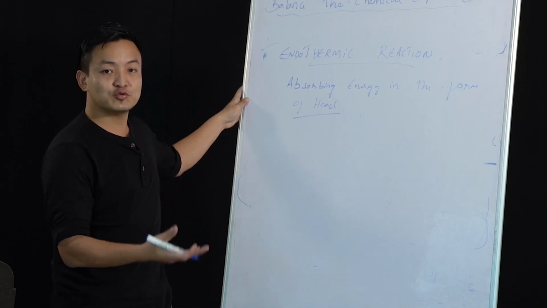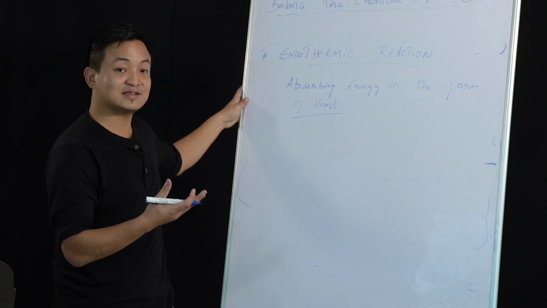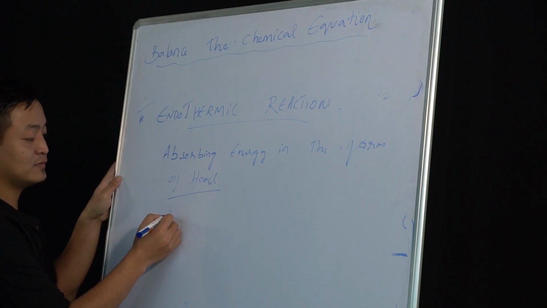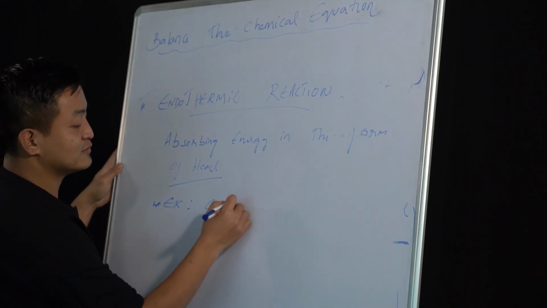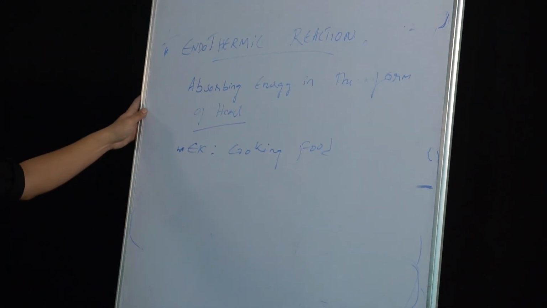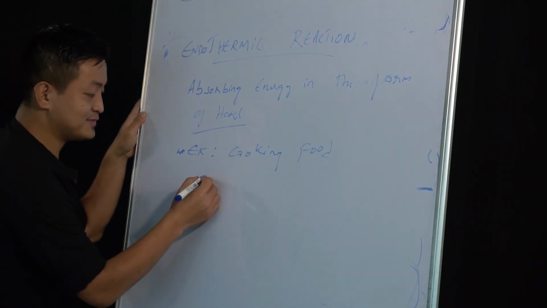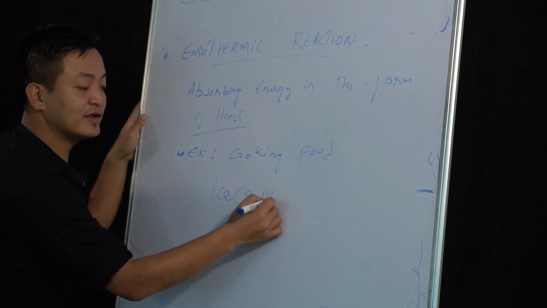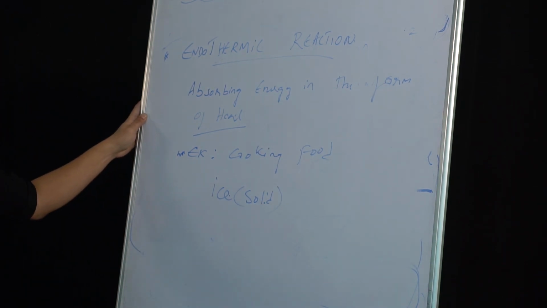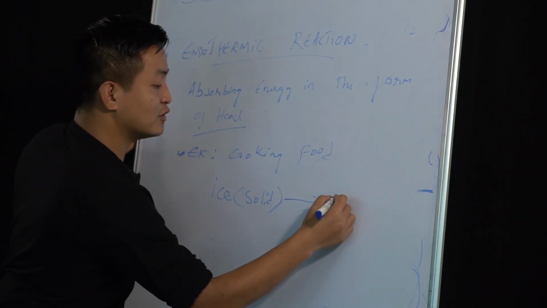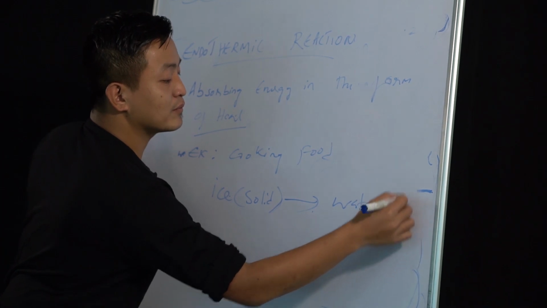To cook, what do we need? We need heat. To cook food, we need heat. Example, cooking food. Or another example I can give you is ice. Ice in a solid form, if you don't do anything, but if the temperature is warm, nature itself will absorb the heat and now it will convert to water in a liquid form.